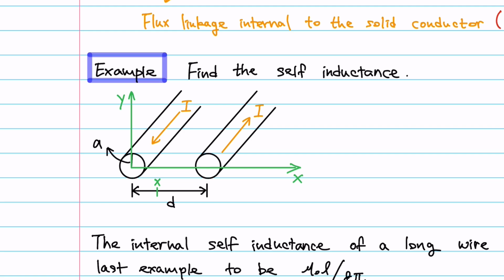A very similar process is going to be taken, because you will notice that one conductor has a current flowing in the z direction, and the other current is flowing in the negative z direction. If you align your thumb on this current, the four fingers are going to wrap around this conductor like that.